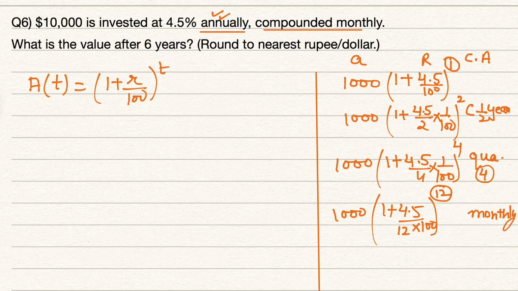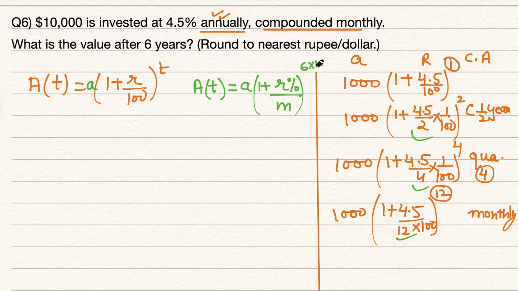If I derive a formula according to this condition, then my new formula is A of t is equal to A times 1 plus r% upon m, for example months, and here it is divided like 2 and 4 and 12, and here it is multiplied, raised to power 6.